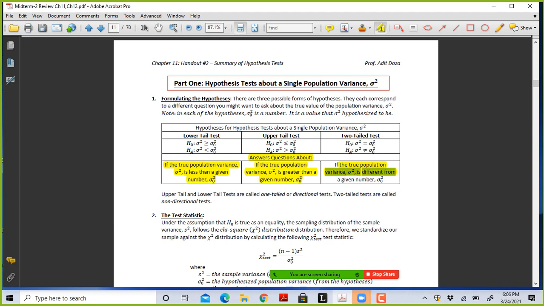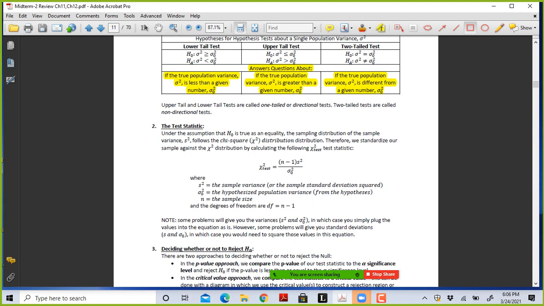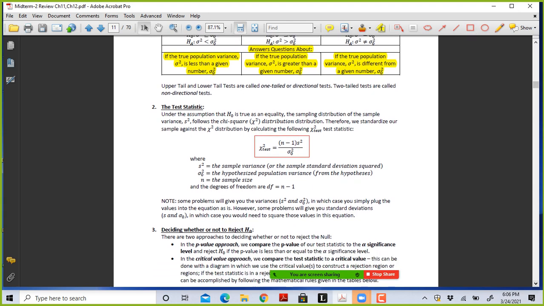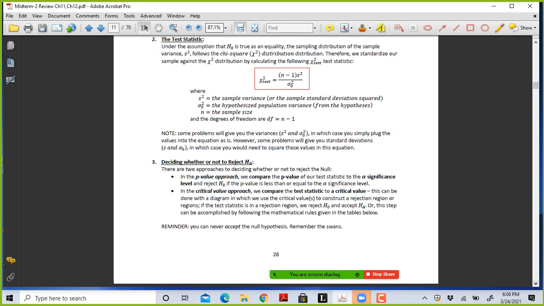And the most important formula, which should be in your cheat sheet, is this formula. I will do an example right now so you know how to solve it in the exam. This should be in your formula sheet. And degrees of freedom is n minus 1.